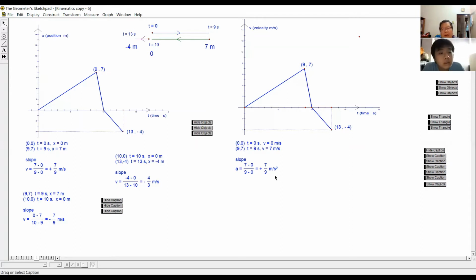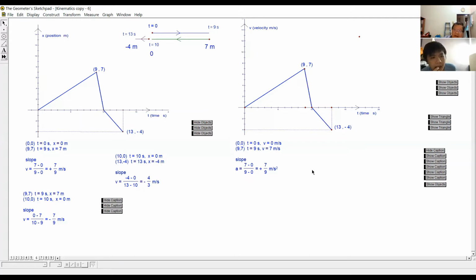Actually, from the units, you can guess what the physical quantity is, whether it is acceleration or velocity. So we have calculated the slope to be positive 7 over 9, and we say that the acceleration is positive 7 over 9. Acceleration is just a number. How to interpret this number? Positive means the velocity is increasing, and because it's a straight line, it is increasing at a fixed rate.